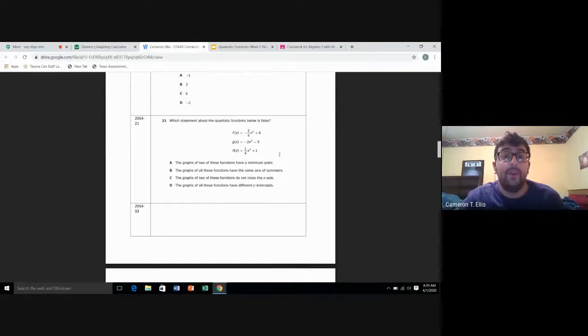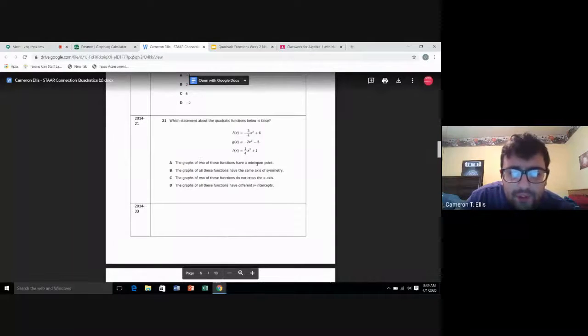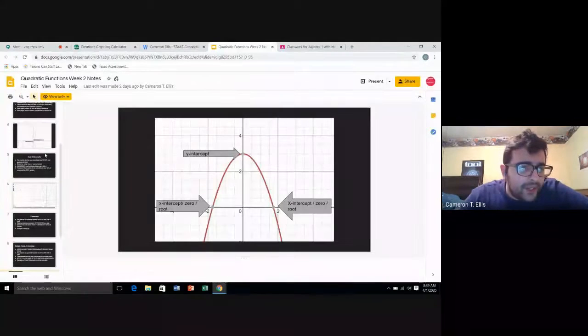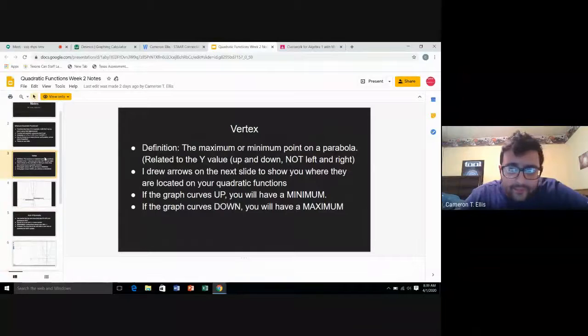Ooh. This one might be the hardest one. Which statement about the quadratic functions below is false? Okay, the graphs of two of these functions have a minimum point. Well, is that true? Because remember, we have a guide for this in our notes, right?